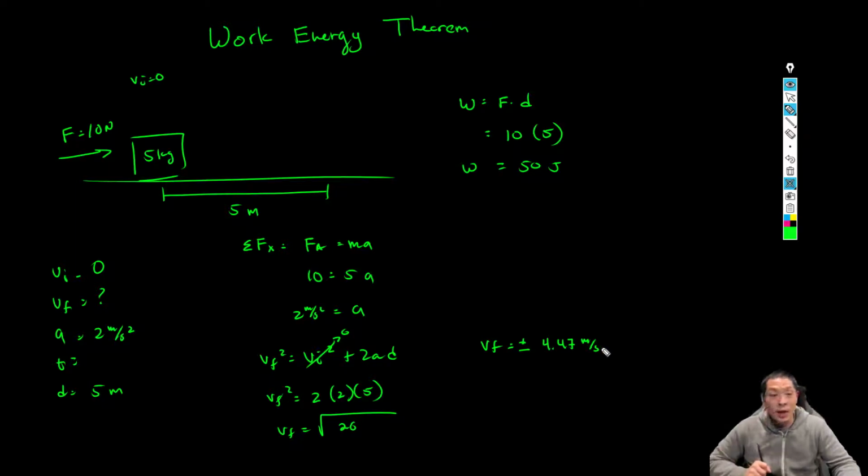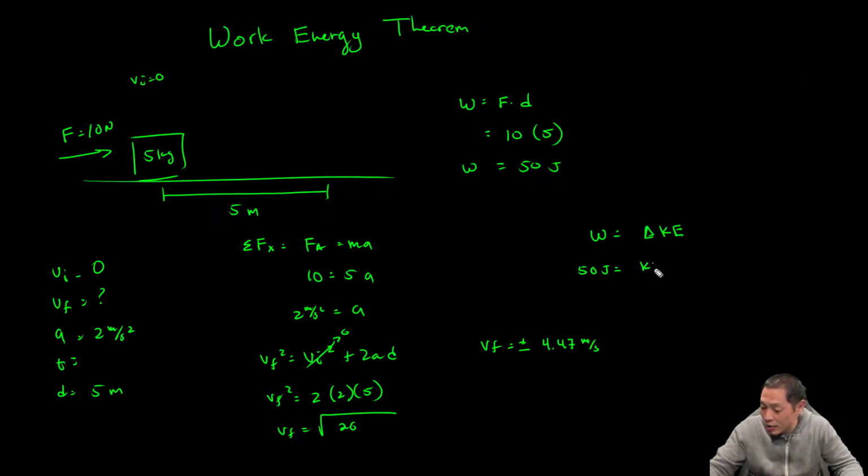Okay. And the main goal is to show you that work is equal to change in kinetic energy. So now we have all the information to prove that's true. We added 50 joules of work, and we have kinetic energy final minus kinetic energy initial.